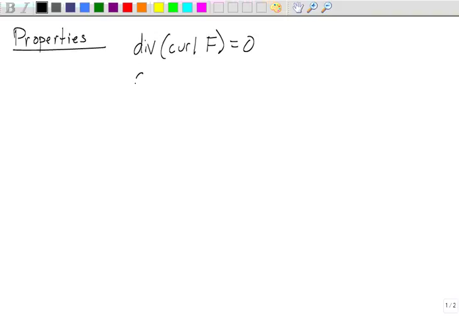So some properties we can talk about: if you take the divergence of the curl, you get 0, and the curl of the gradient of f is 0 if the second partials are continuous.